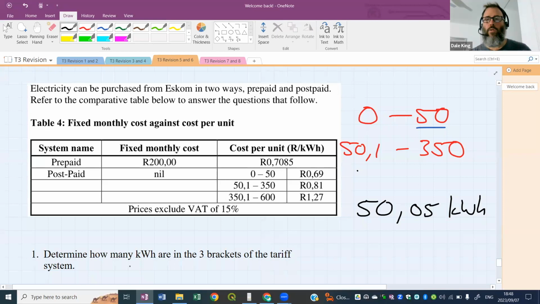Which bracket do they fall into? Who can tell me? If we have 50,05 kilowatt hours, which bracket are you falling into? The first bracket or the second bracket? But the second bracket only starts at comma 1. I've got comma 05, which is before comma 1.